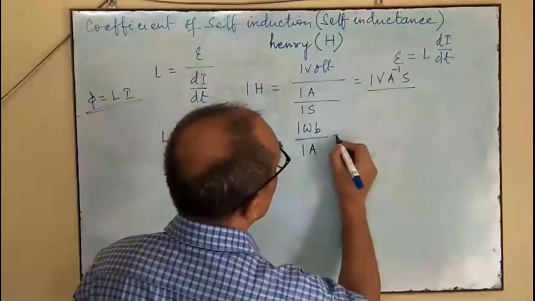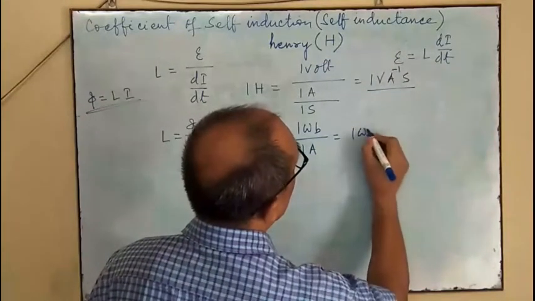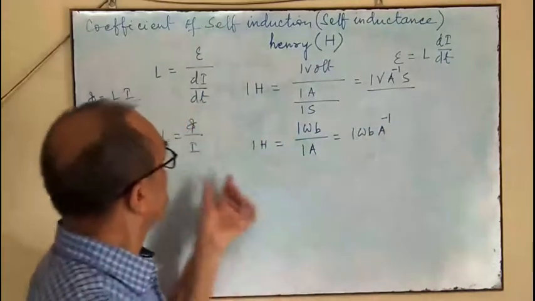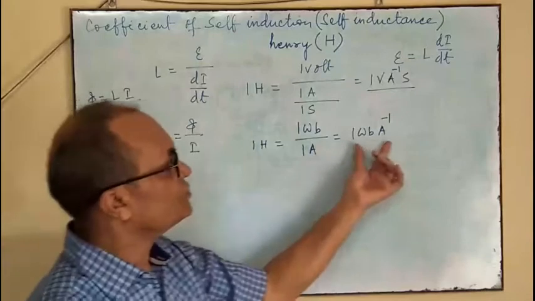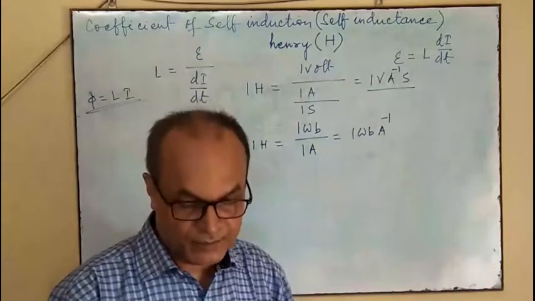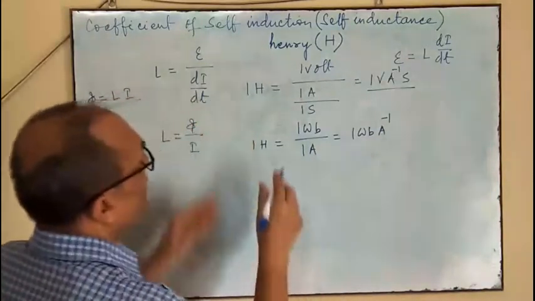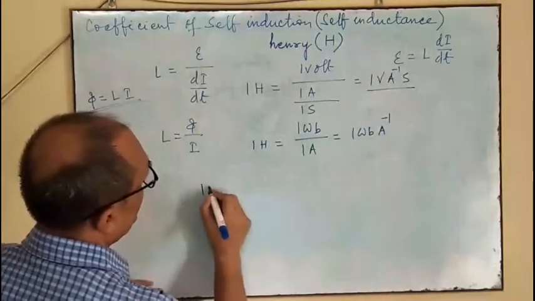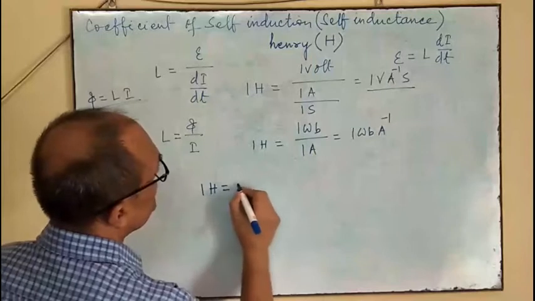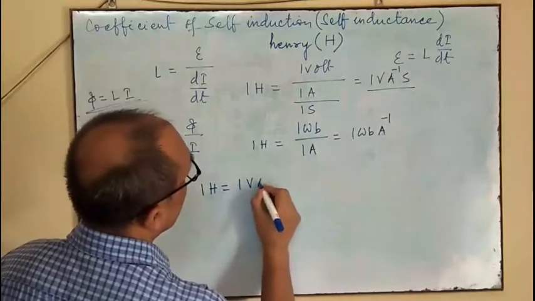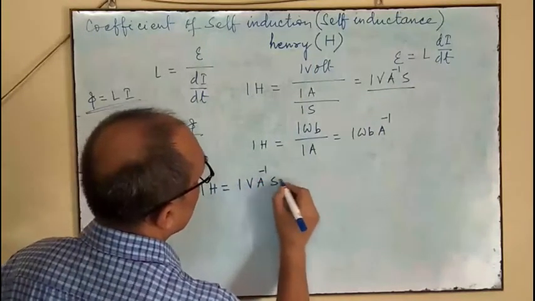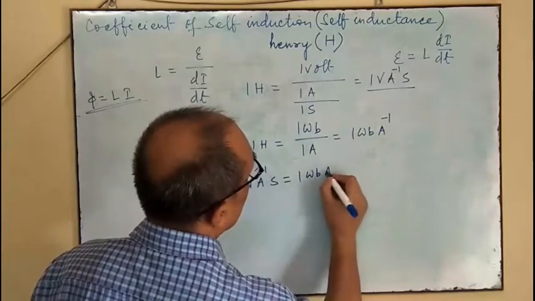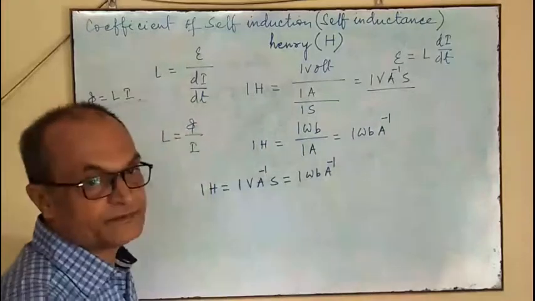This equals 1 Weber per ampere. So 1 Henry equals 1 Weber per ampere. We can say 1 Henry equals this and equals this. So 1 Henry equals 1 volt-second per ampere, which equals 1 Weber per ampere.